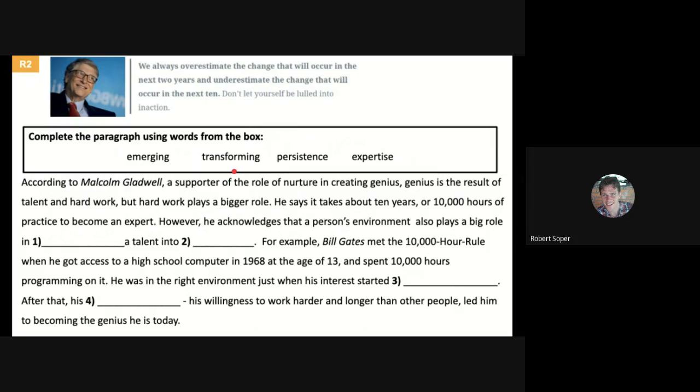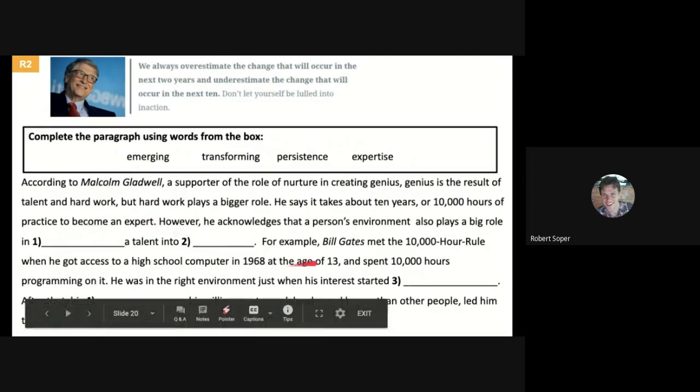When you're coming up to these number 1, number 2, number 3, or number 4, there are some strategies we use. Try and figure out whether it's a noun, a verb, an adjective, or an adverb that goes into these spaces. You can do that by looking at the words around the spaces. There are sometimes little clues.